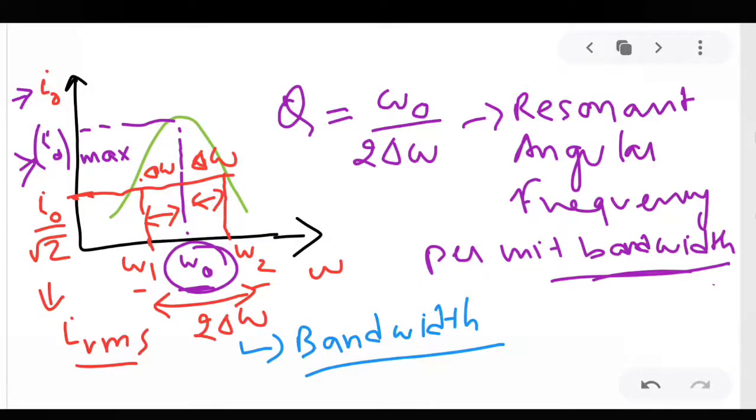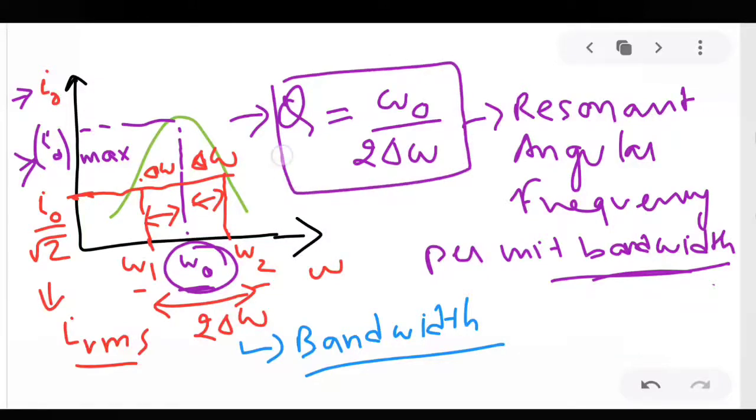So this is the definition of quality factor, and this is its mathematical form.